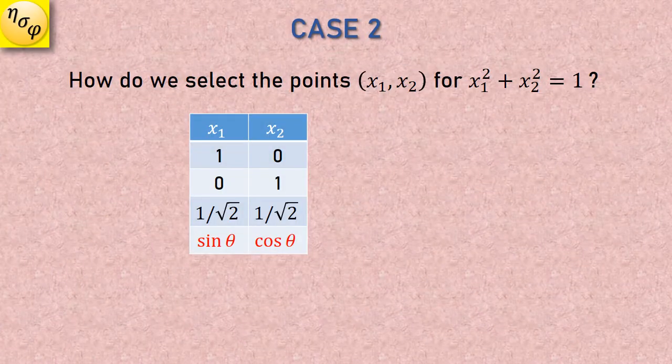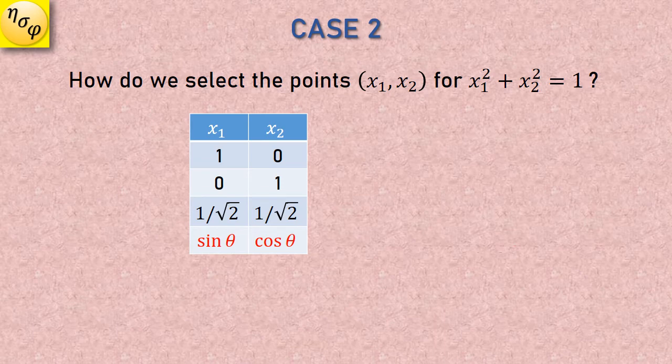How can we select points x1, x2 for x1 squared plus x2 squared equals 1? There are 4 options that I wrote here. The first is x1 equals 1, x2 equals 0, or x1 equals 0, x2 equals 1, or x1 equals x2 equals 1 over square root of 2, or the last one is x1 is sine theta and x2 cosine theta.